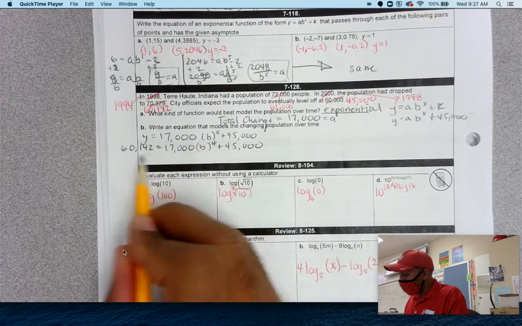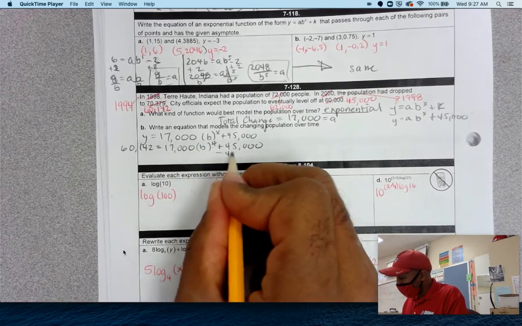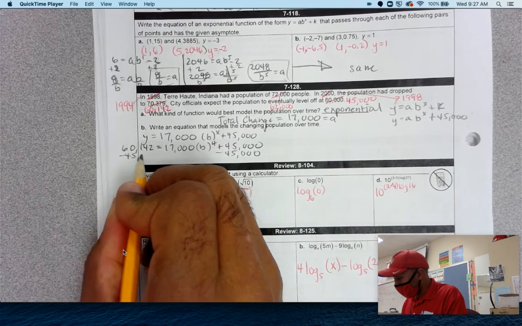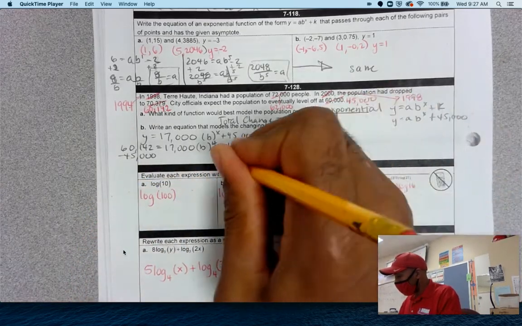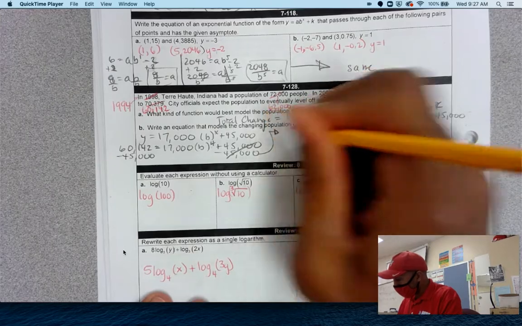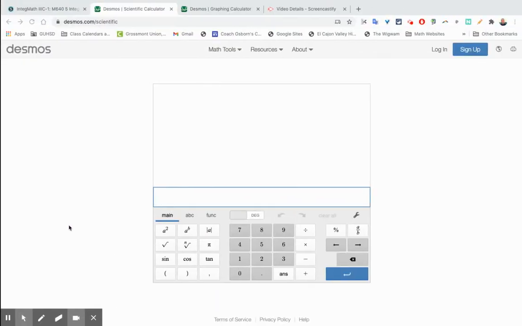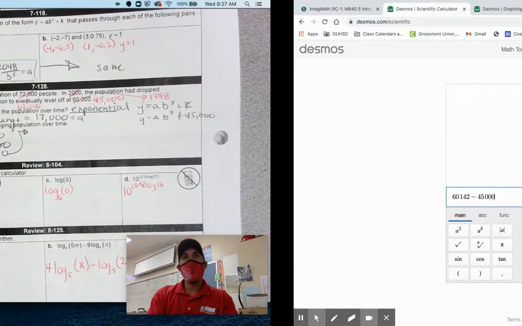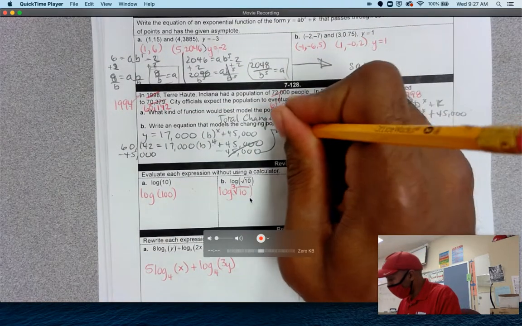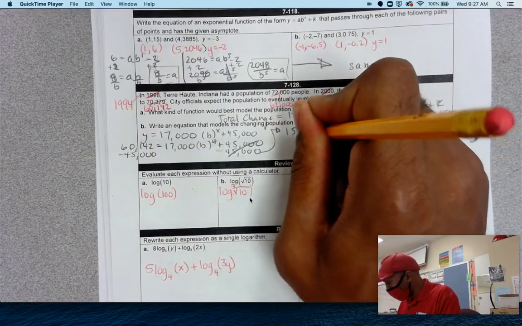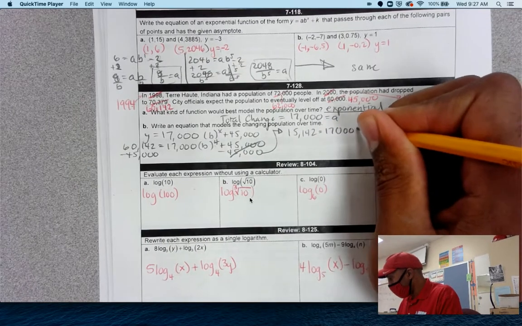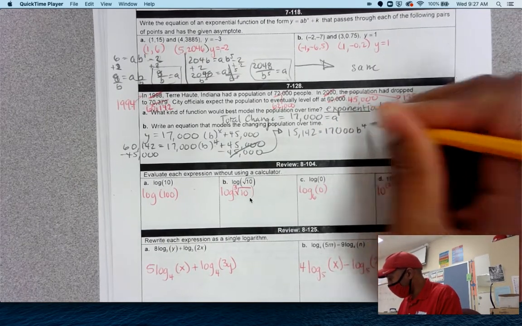All right, now we're going to isolate b. Let's subtract the 45,000 on both sides first. So 60,000 minus 45,000 gives 15,142, times b to the fourth.